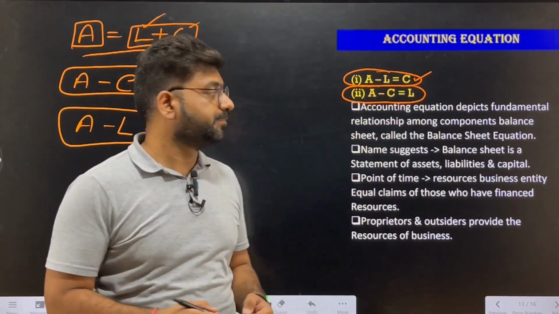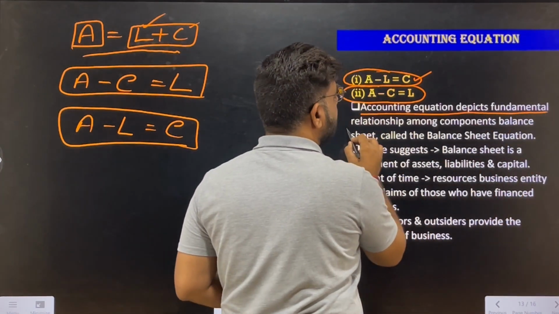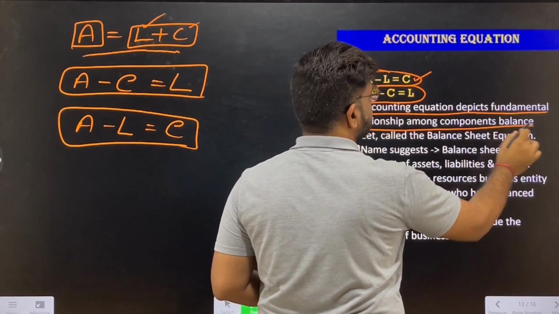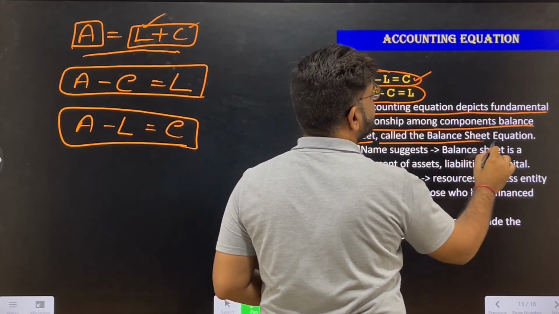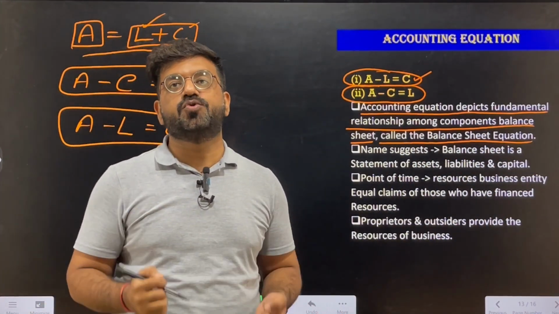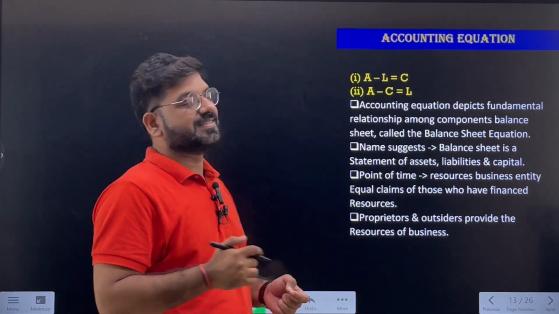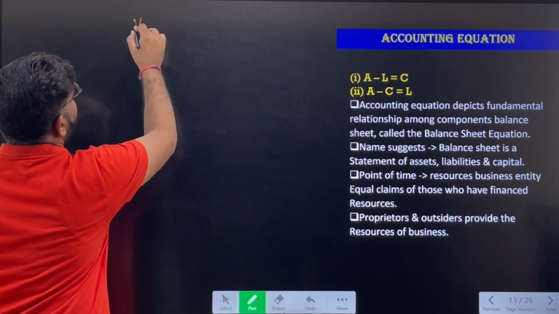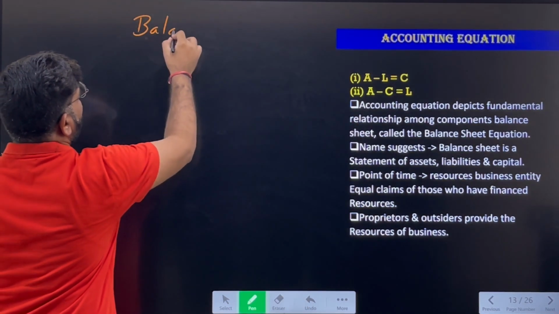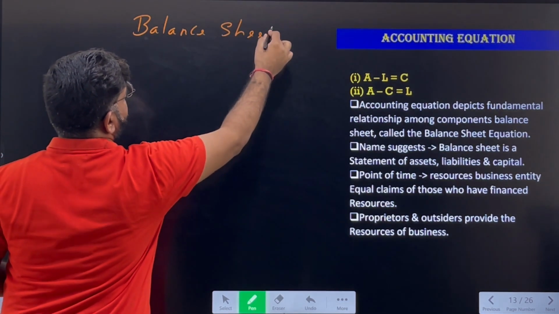Okay. Next, the accounting equation depicts the fundamental relationship among the components of the balance sheet, called the balance sheet equation. Obviously, the balance sheet has two of the items, that is assets and liabilities. So the balance sheet has two items and that's why it is known as the position statement.